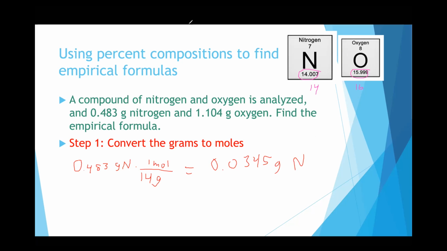And similarly, we can do the exact same thing for the other one. 1.104 grams of oxygen. The molar mass is 16, so 16 grams per 1 mole. And we put that into our calculator.